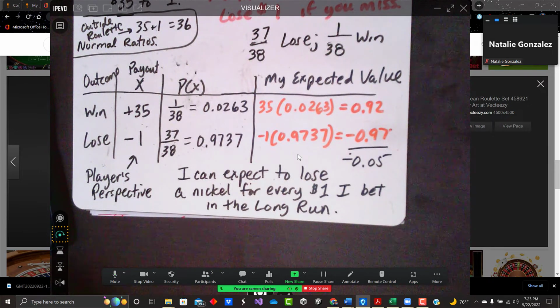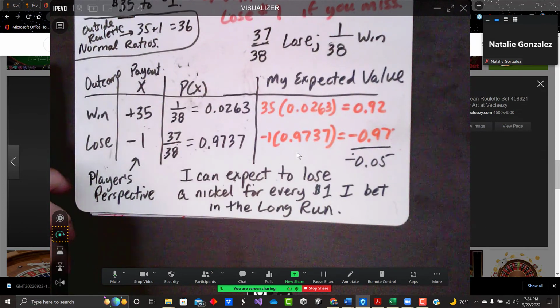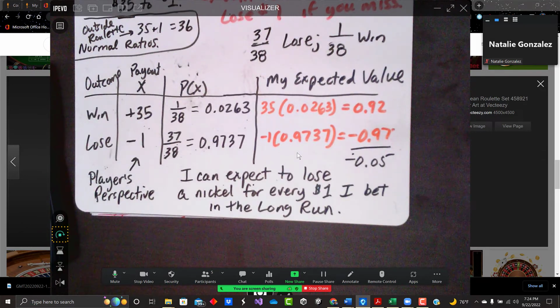If you've just played a single round, betting on even or odd, not just a single number, or red or black, it's 18 divided by 38. You have a 47.3% chance of winning when you bet on one of the even money games.